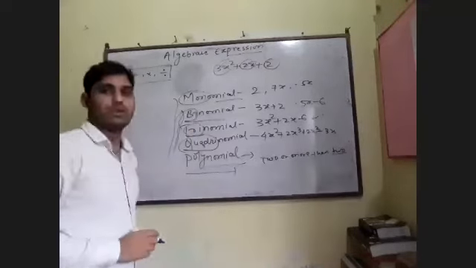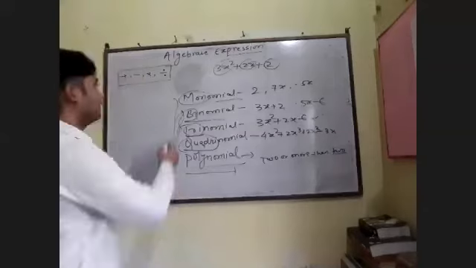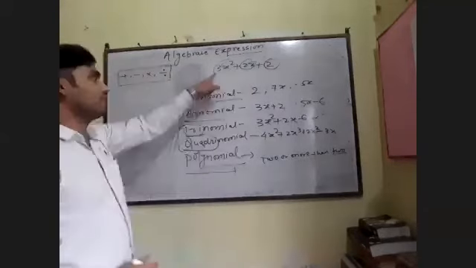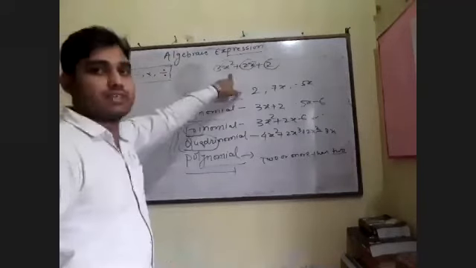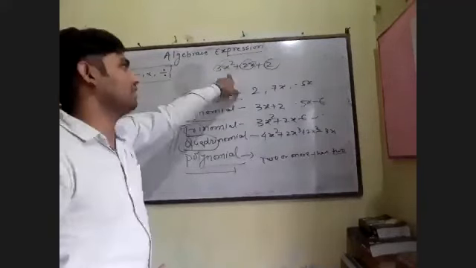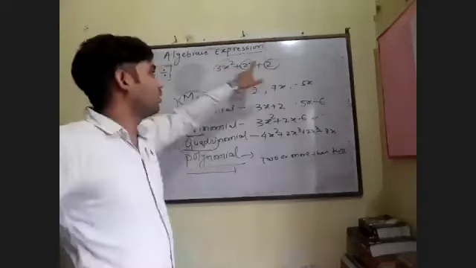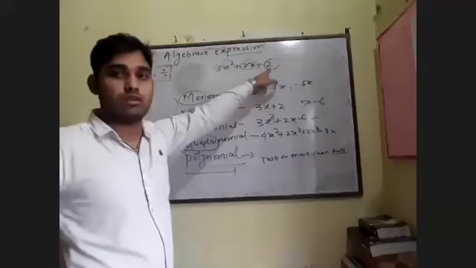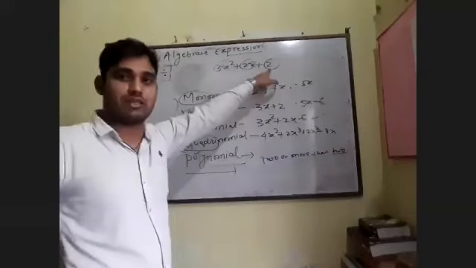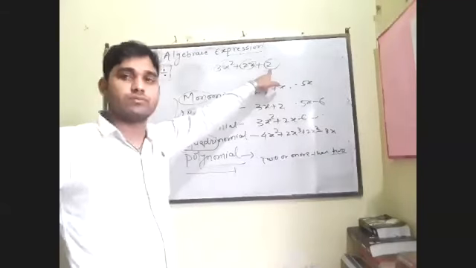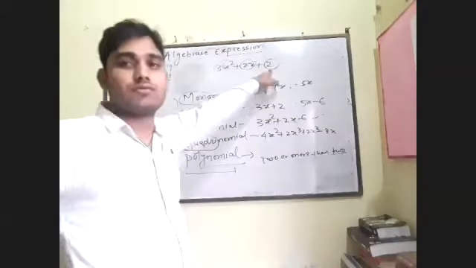But when the question is asked, we just have to recognize which type of polynomial is written. Suppose an algebraic expression is written and we can see 1, 2, 3 terms are there. Which type of algebraic expression is it?